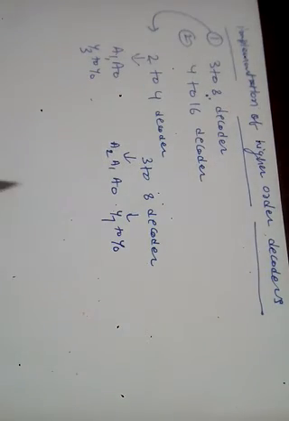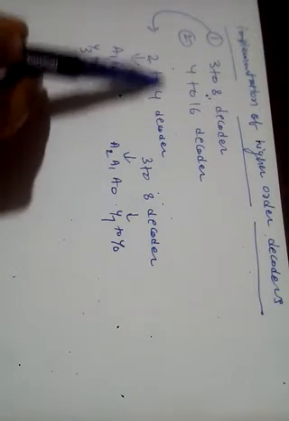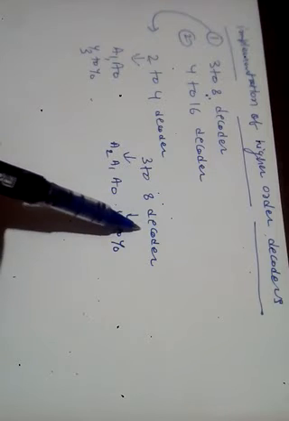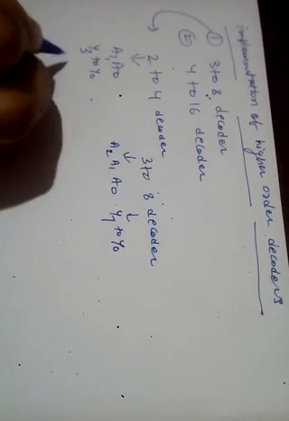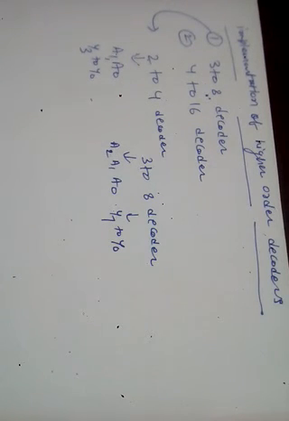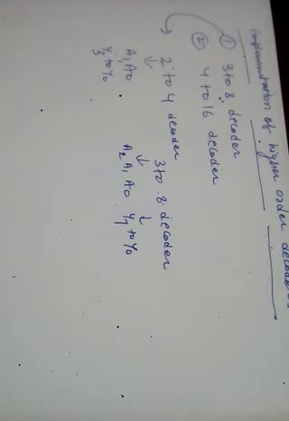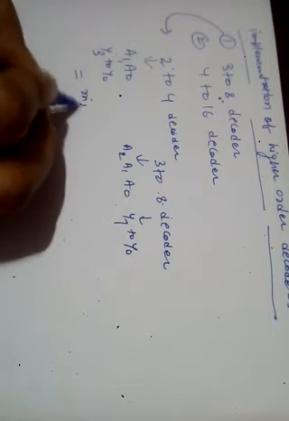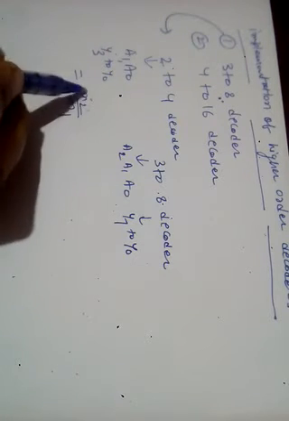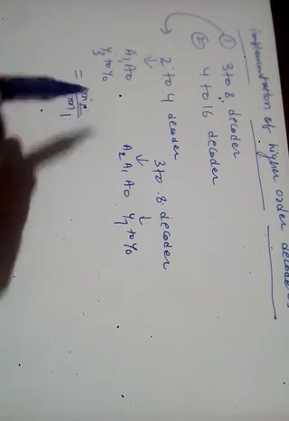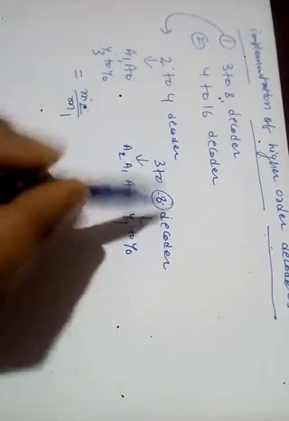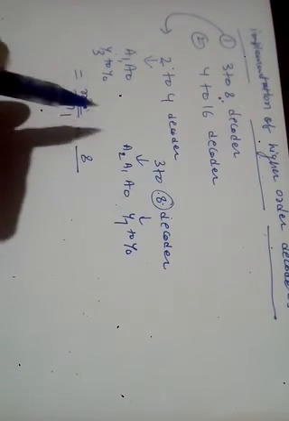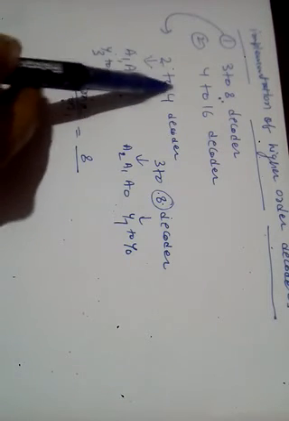Now we have to find the number of lower order decoders required for implementing this higher order decoder. So we will use a formula: M2 upon M1, where M2 is the number of outputs of the higher order decoder, here 8, and M1 is the number of outputs of the lower order decoder, that is 4.